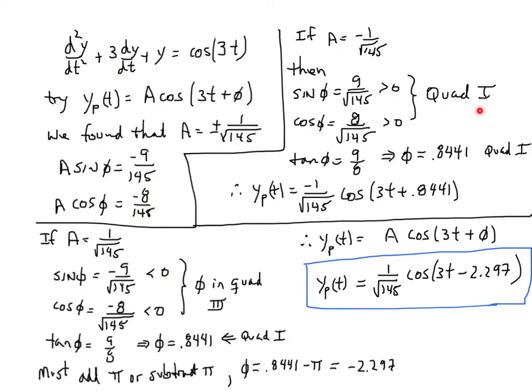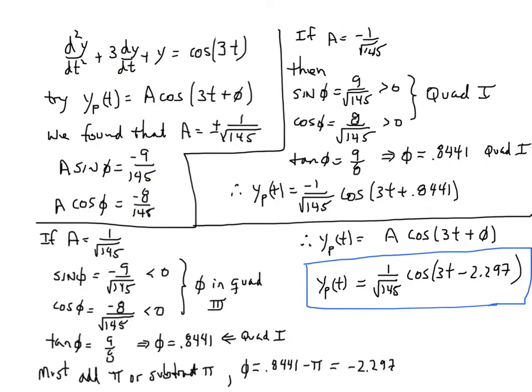That means phi must be an angle in quadrant 1. Taking the ratio of sine over cosine gives me 9/8. I find the inverse tangent of phi. I get 0.8441. That is in quadrant 1. And so I don't have to adjust the phi.